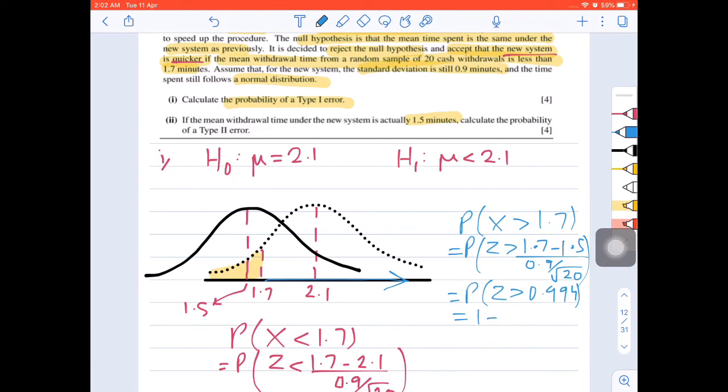So that is 1 minus phi of 0.994. Phi of 0.994 is 0.8399. So 0.1601, which is 0.160 to 3 SF.